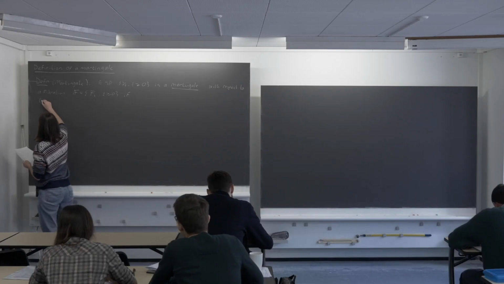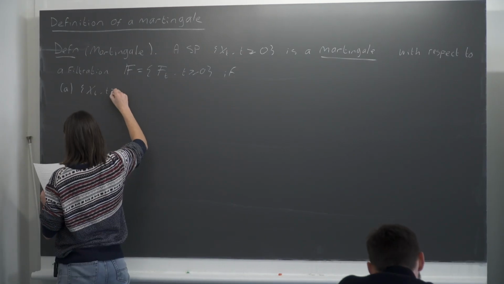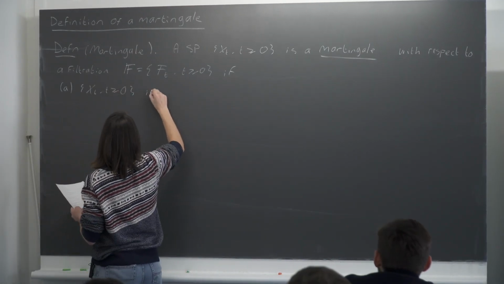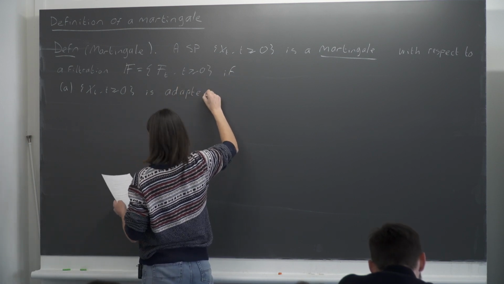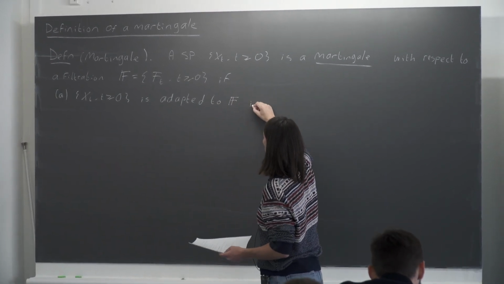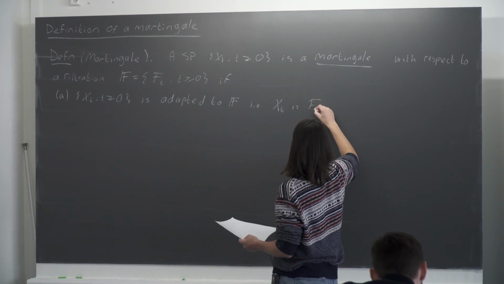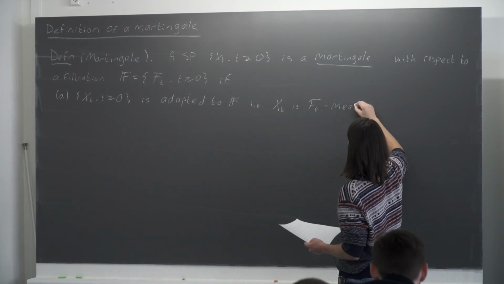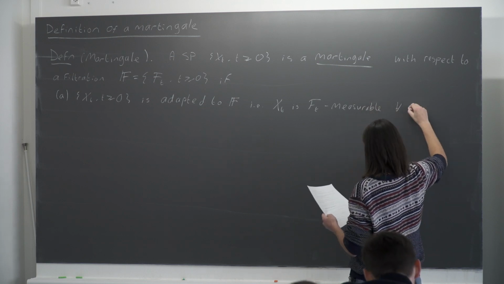So the first one is that Xt is adapted to F. Just to remind you what that means, in other words, Xt is Ft measurable for all t.